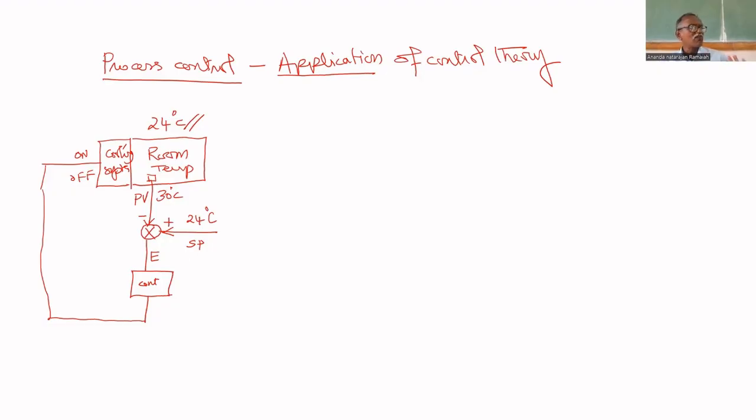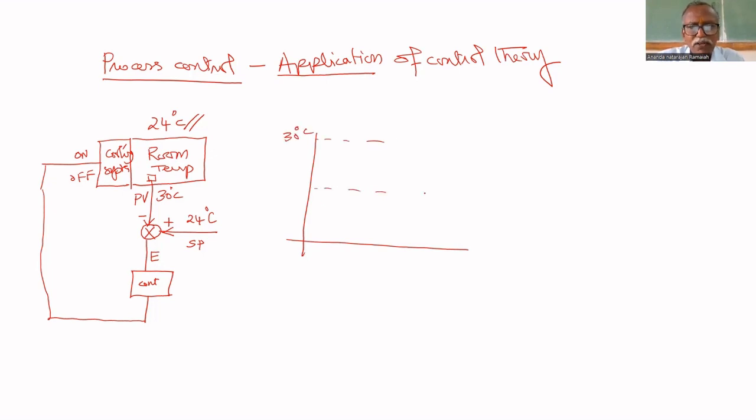It will be on or off. If the temperature is above 24, it will turn on. Below or equal to 24, it will turn off. So what will happen? Initially, it is at 30 degrees centigrade.